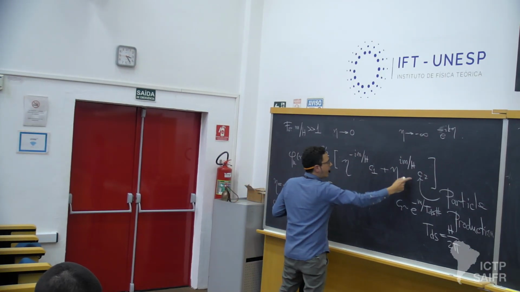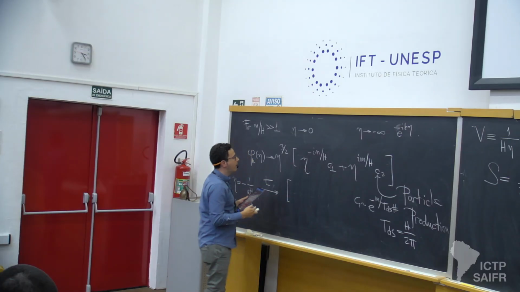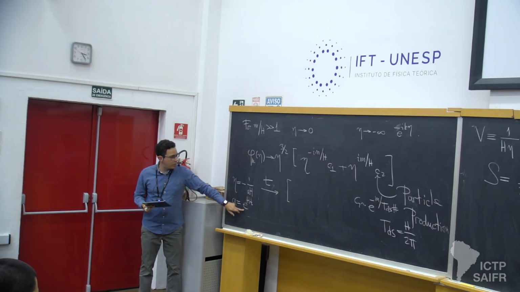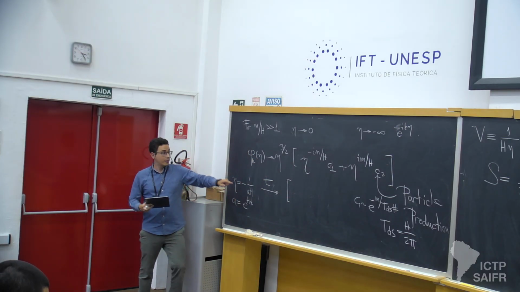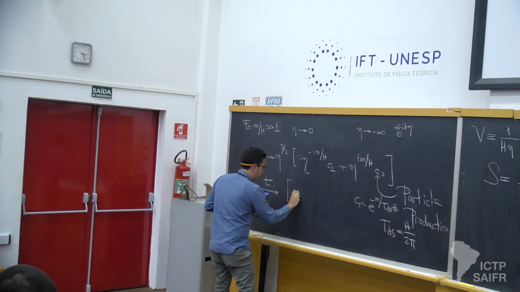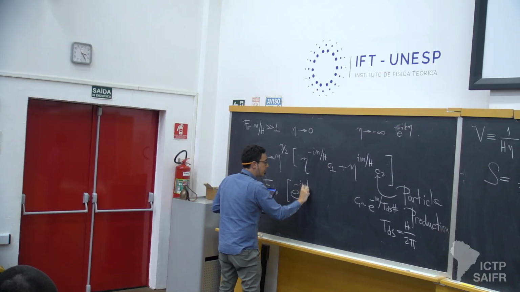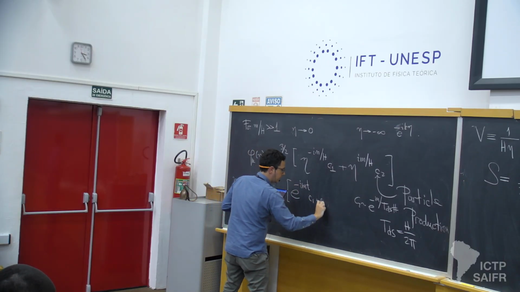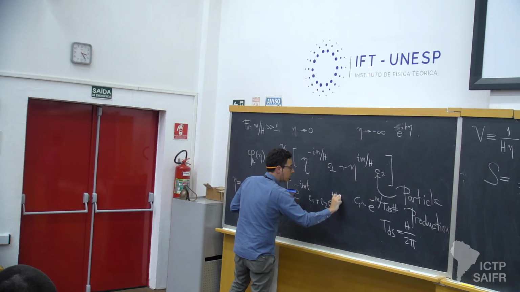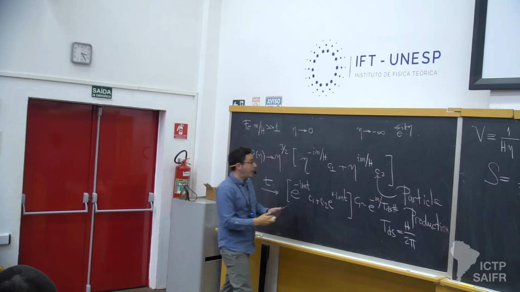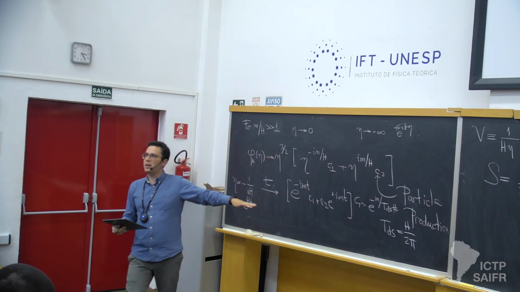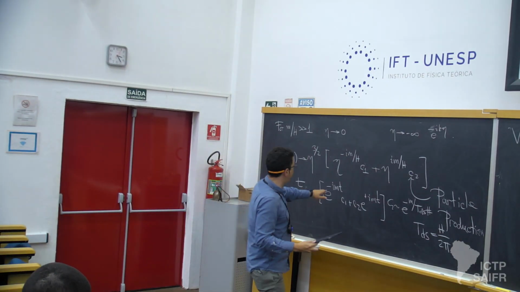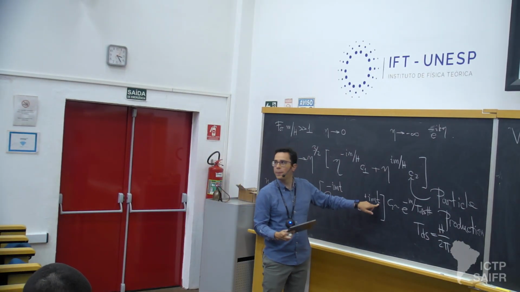But these guys here, what do they look like? Eta is e to the minus Ht. So if I plug it in here, I get e to the minus imt C1 plus C2. So now it looks like a plane wave again, but with respect to cosmic time.